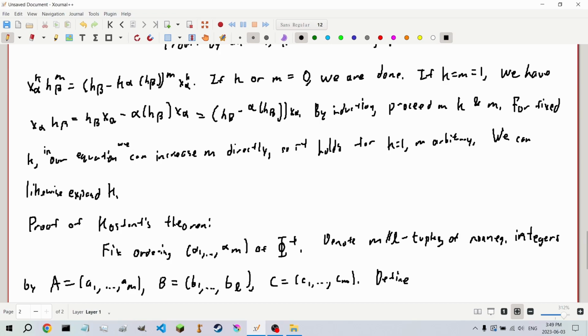Now I'm going to define elements of the universal enveloping algebra of L as follows.